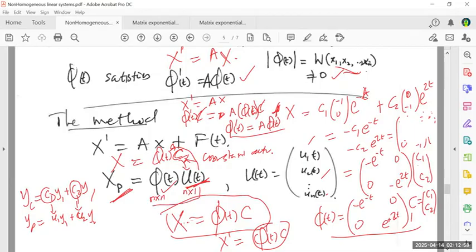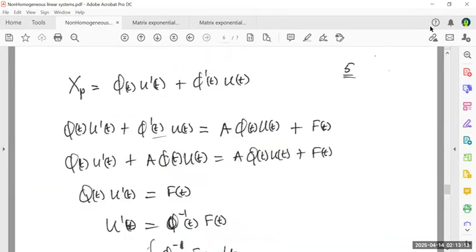So whenever these two are multiplying each other, phi of t should always be on the left and the u on the right. Otherwise, if you swap it, the matrix multiplication is not possible. So we are now differentiating using the chain rule, differentiating u and then differentiating phi, so I now have phi prime.